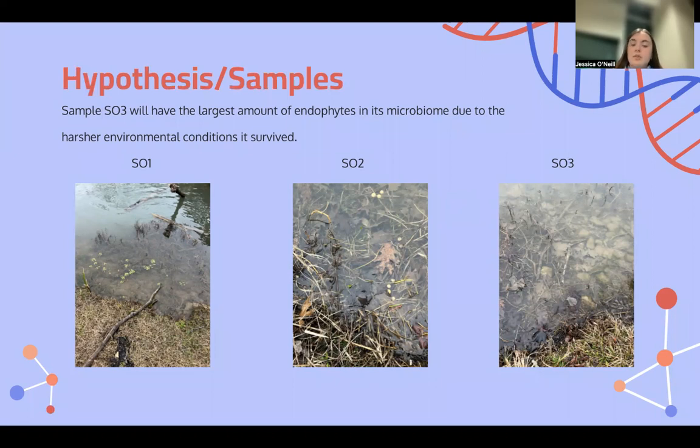As you can see in the pictures below, SO1 and SO2 both had clear water along with plants growing within them with ease. SO3, on the other hand, had evidence of gasoline within its water, along with an abundance of dead plants around it, so to me suggesting that it had to survive harsher conditions.